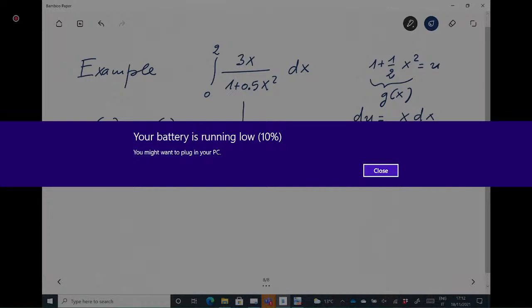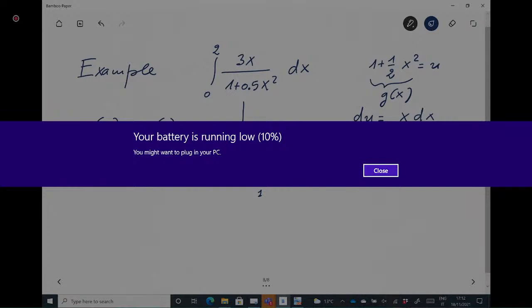So my integral can be written as the integral between 1 and 3. Now it runs from g of a to g of b, so from 1 to 3, of what? x dx is du, so here we have 3 du divided by u, which is basically equal to 3 times the integral of 1 over u. A primitive of 1 over u is the log of u.